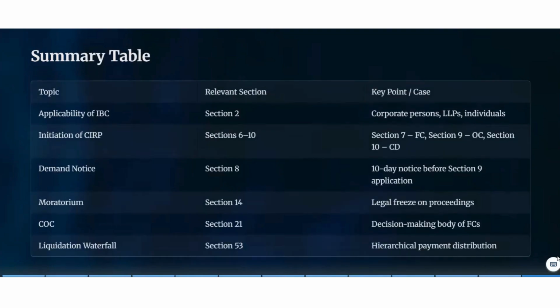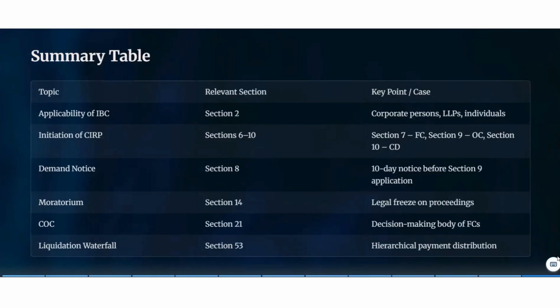There is a summary table for you to keep the bullet points. Applicability of the code: Section 2, corporate persons, LLPs, individuals. Initiation of the corporate insolvency resolution process is provided from Section 6 to 10: Section 7, financial creditors; Section 9, operational creditors; Section 10.